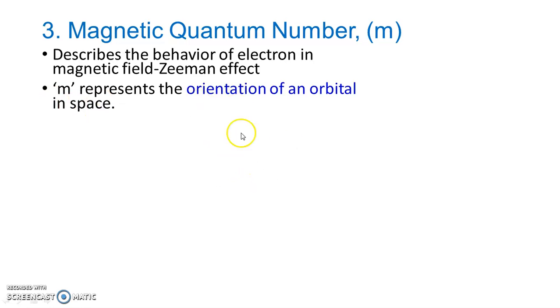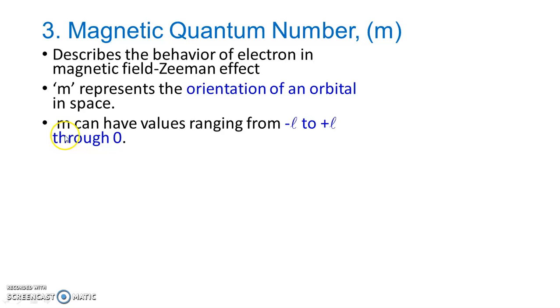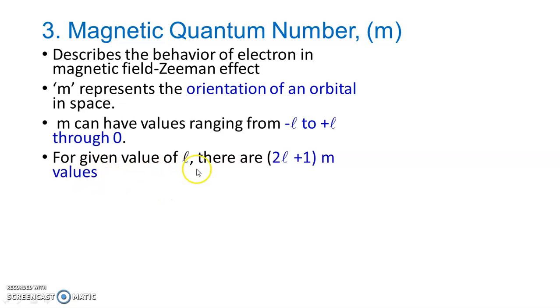Now m represents the orientations of an orbital in space. This m can have values ranging from -l to +l through 0, and for a given value of l there are 2l + 1 m values. For example, if l is equal to 0, then as per this formula there will be only one m value, that is 0.